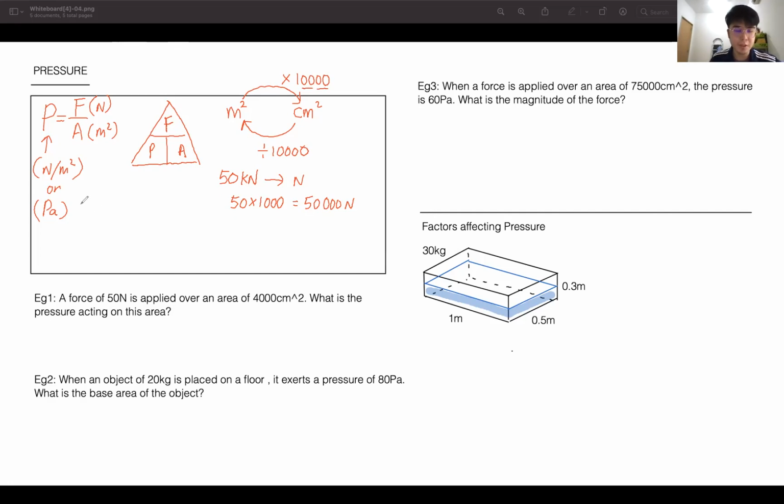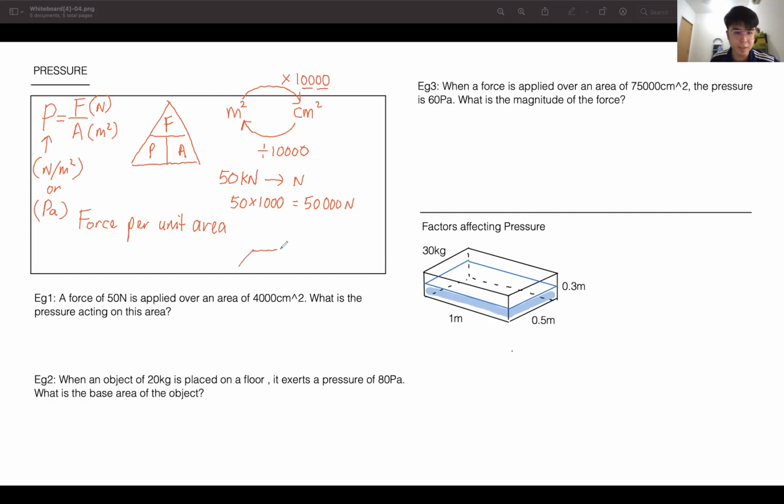Okay, definition. What is pressure? It is the force. You see, F is on top of A. F divided by A means force per unit area. Force acting on 1 unit area.